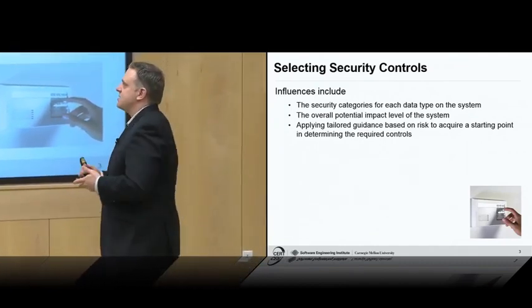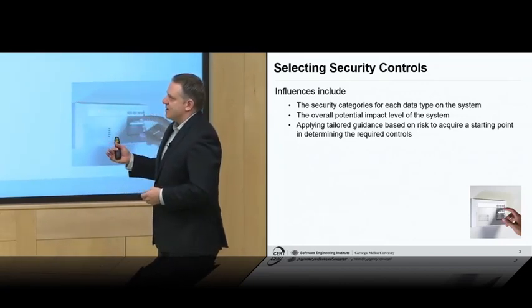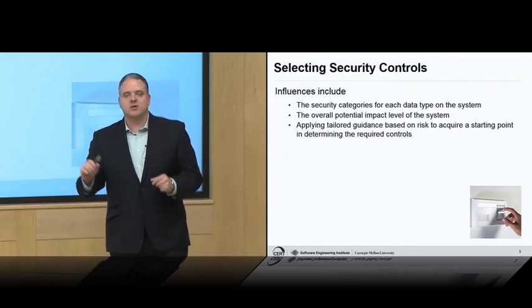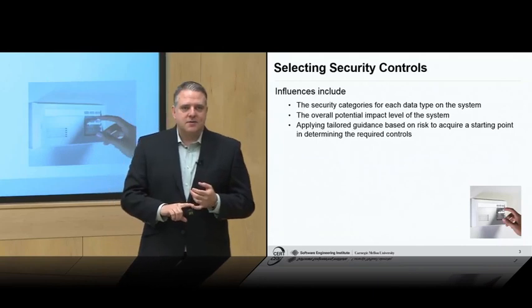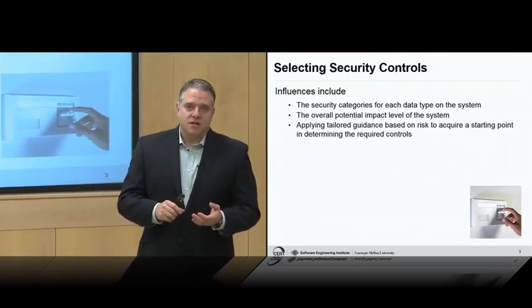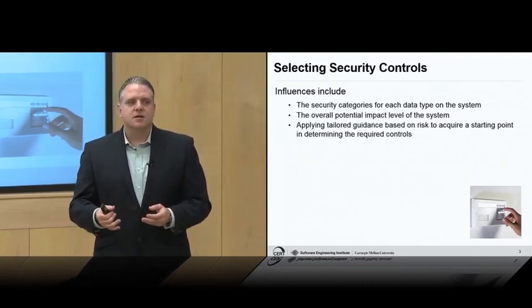How you go about selecting those security controls, well, there are a couple different influences that you might think through before you just arbitrarily start picking security controls and implementing them through your organization. You might look at the data types that you're trying to protect. Is this critical data? Is it not important public data?